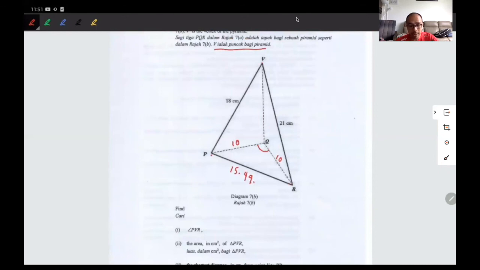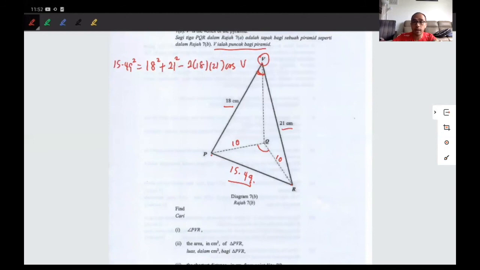And here, once again, I have 18, I have 21, I have 15.49. I can use the cos rule, since I want to find this angle of this triangle, PVR. So 15.49 squared equals to 18 squared plus 21 squared minus 2 times 18 times 21 cos V, or whatever this angle is lah, PVR lah pun boleh.